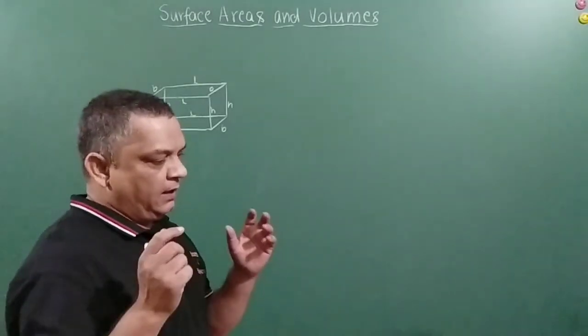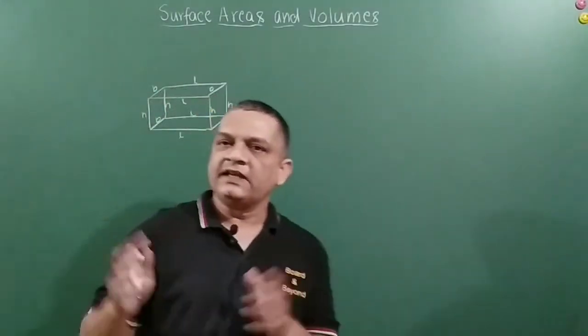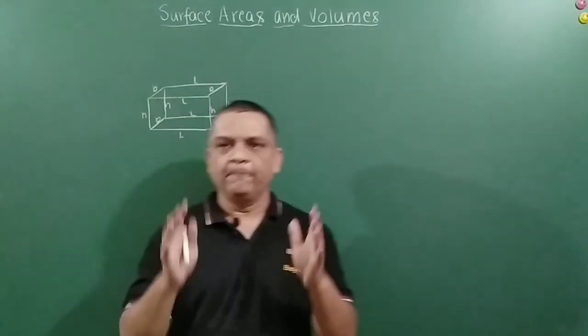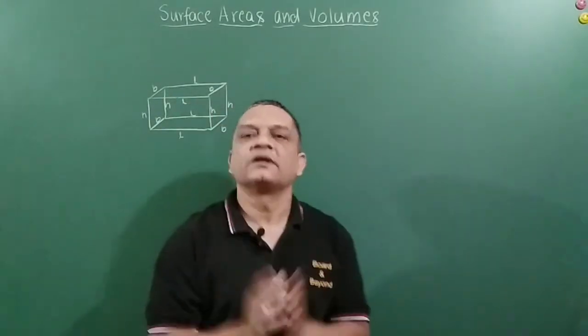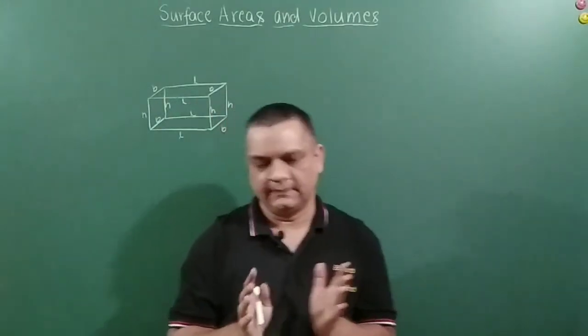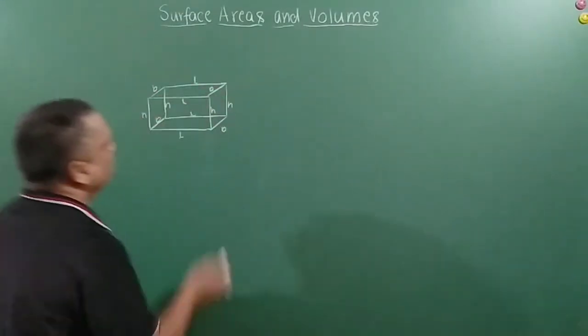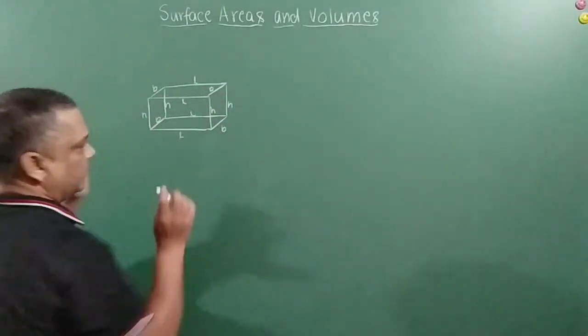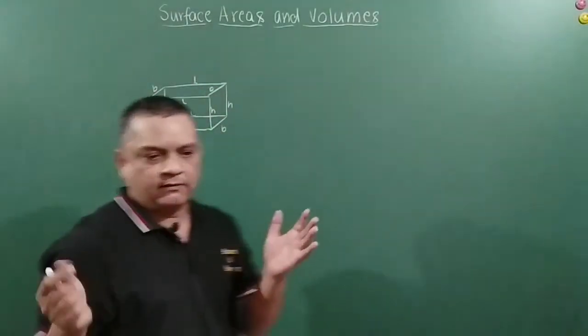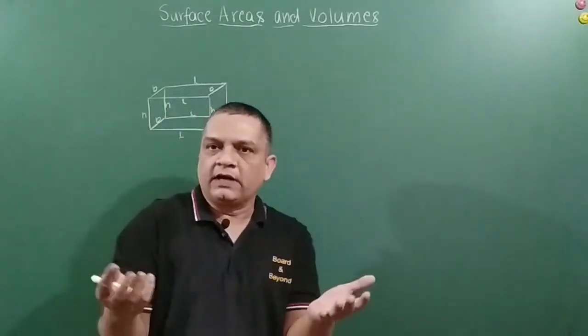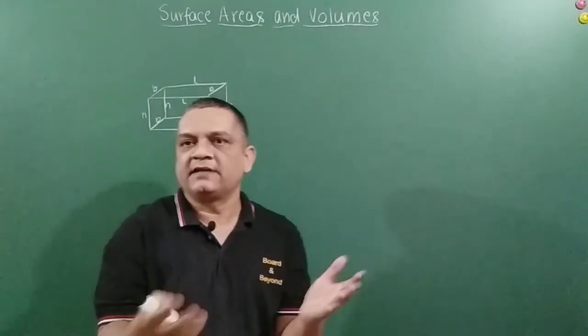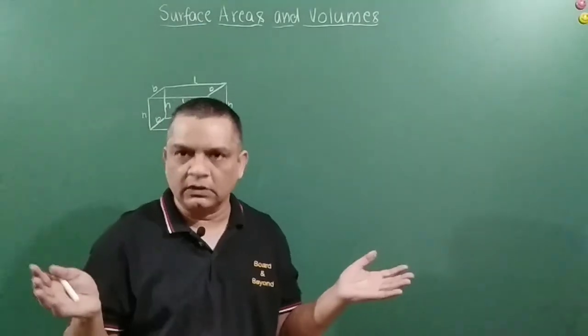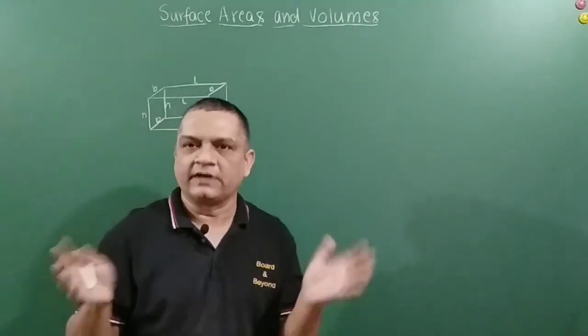Now when we are talking about the surface area of this cuboid, this has got two surface areas in the sense, I'll tell you. Of course, when you are actually watching this video, you must be inside a room which has got 4 walls. Windows we will not consider as of now.